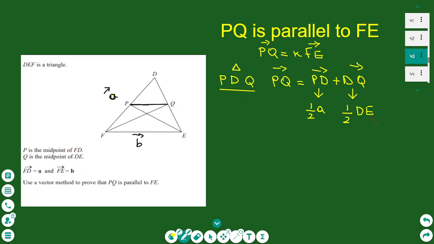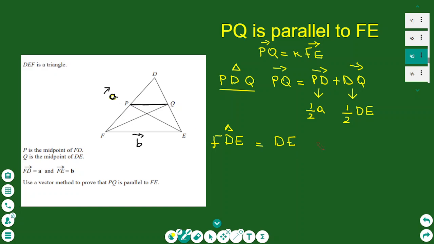The problem here is I don't have the vector DE. But I can find it using a different triangle. So if I use the triangle FDE, I can make the vector DE using the rule of addition of vectors, the triangle rule.